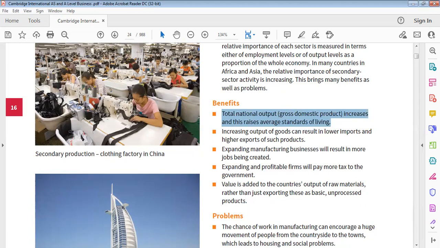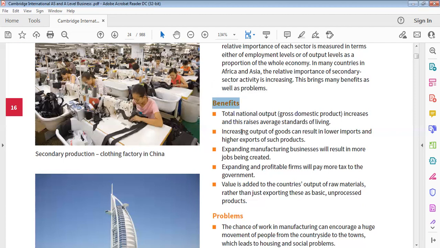You have all these machines, you have all the workers, you train the workers, so it's much more organized than farms. So ultimately your country's output will increase. So these are the advantages, the benefits they will enjoy when moving from primary to secondary.